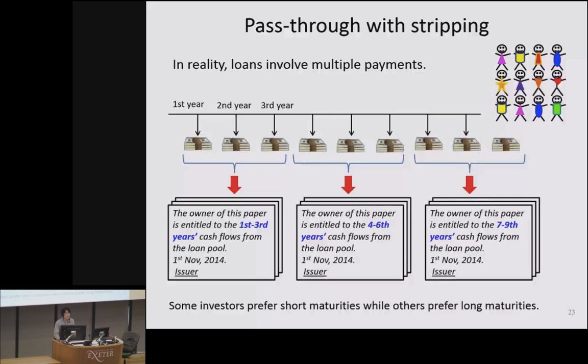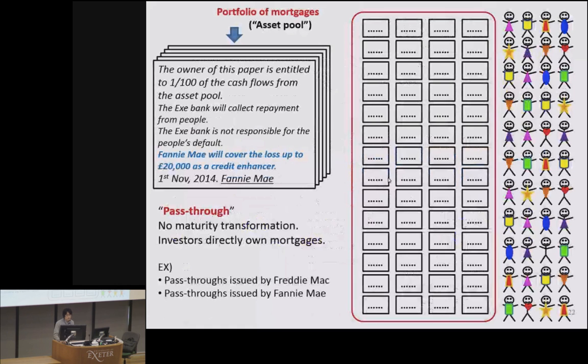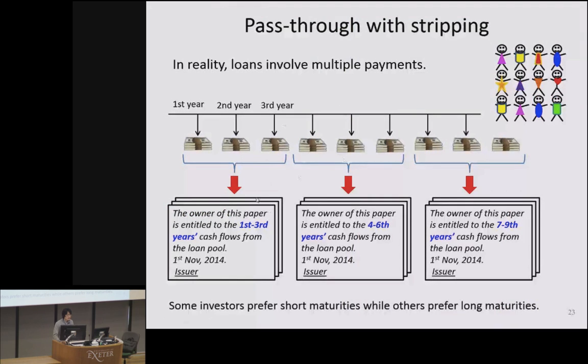So they can slice the cash flows from the mortgage pool vertically, saying, okay, if you own this security, you are entitled to the cash flows from this asset pool for the first 3 years. Remember this. In reality, these mortgage borrowers have to make monthly payments. So every month there is some cash flow from this mortgage pool.